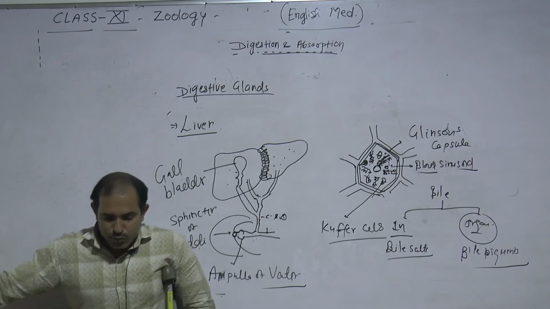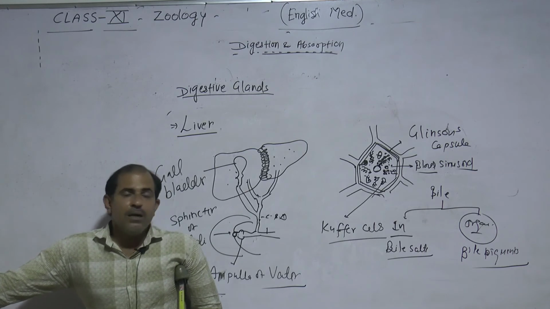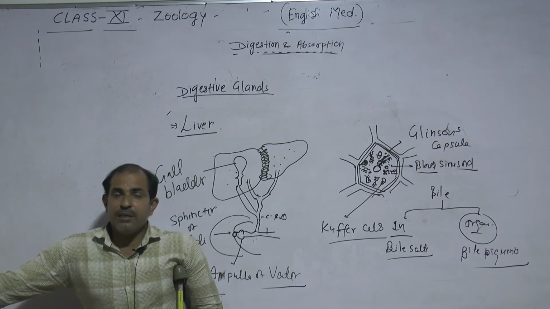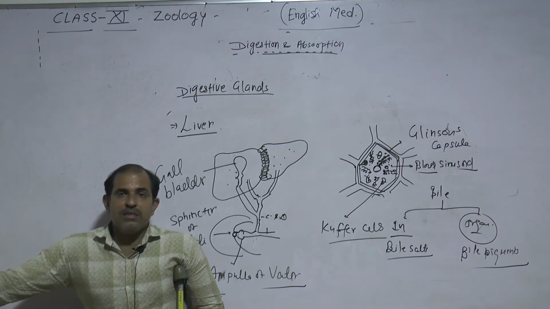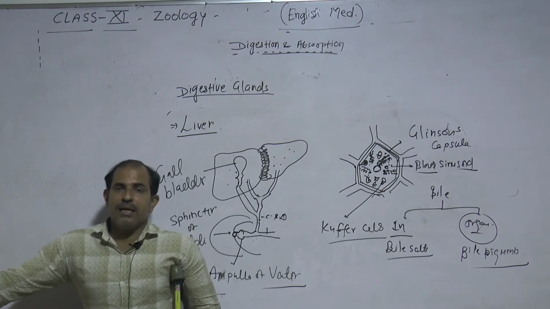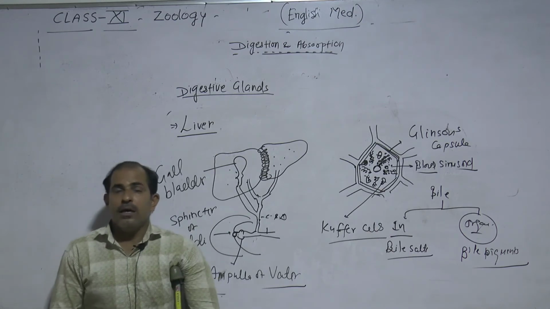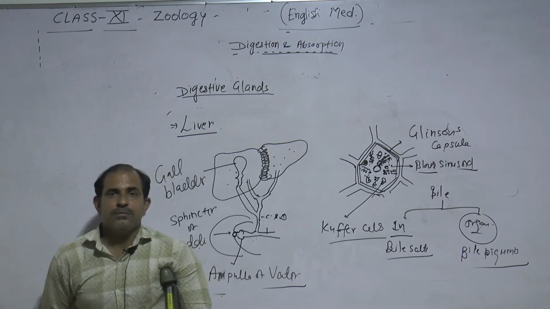And bile juice is secreted by the liver. It means the liver secretes bile juice. And remember one thing, bile juice does not contain any enzyme. But it is still necessary for digestion.